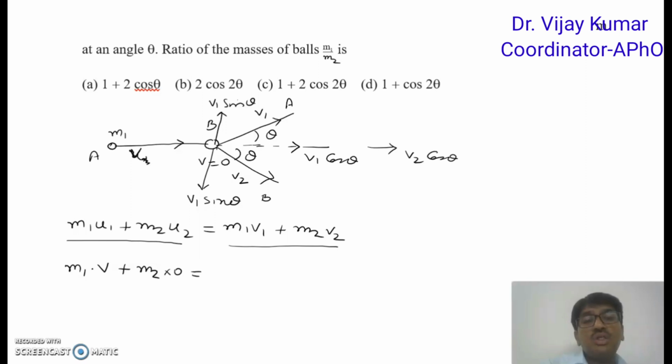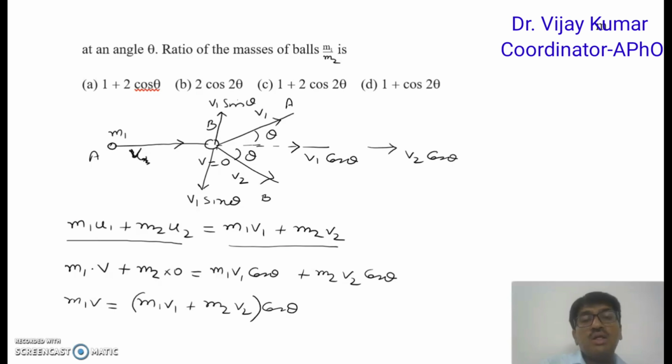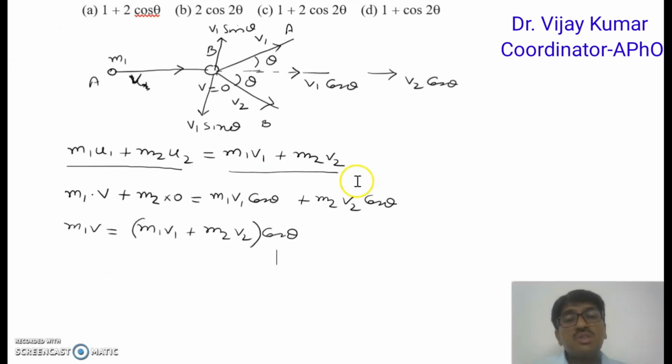For the horizontal component, m1 v equals m1 v1 cos theta plus m2 v2 cos theta, and taking cos theta common, it becomes m1 v equal to (m1 v1 plus m2 v2) cos theta.